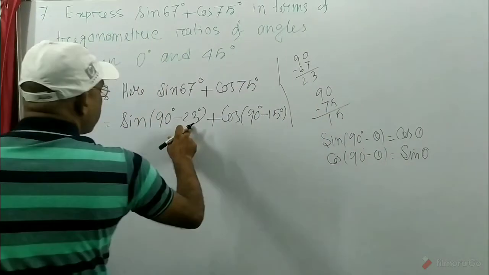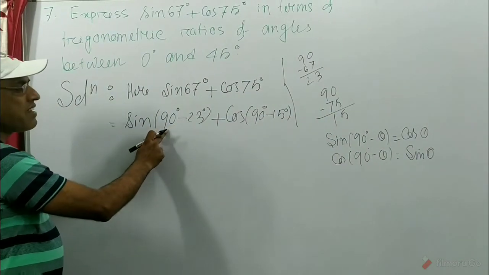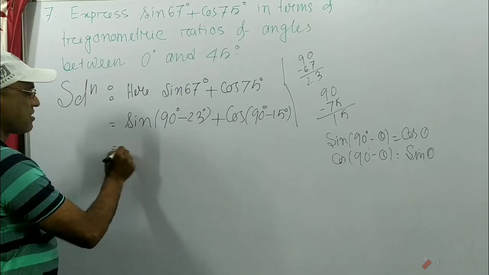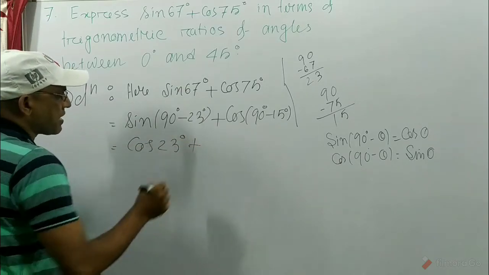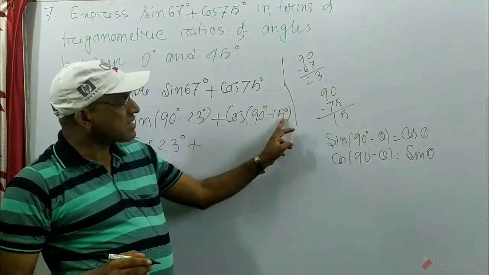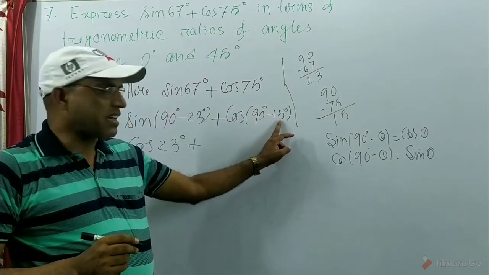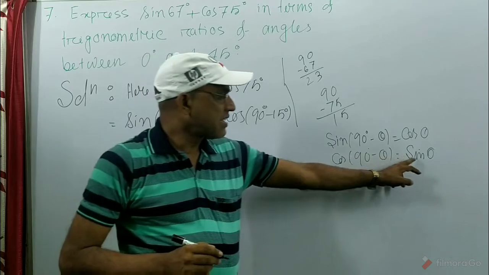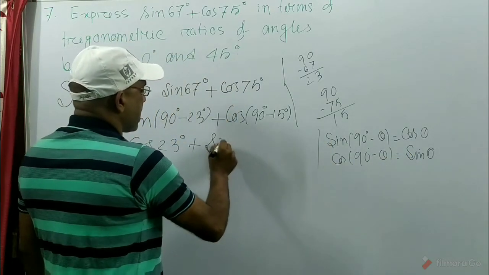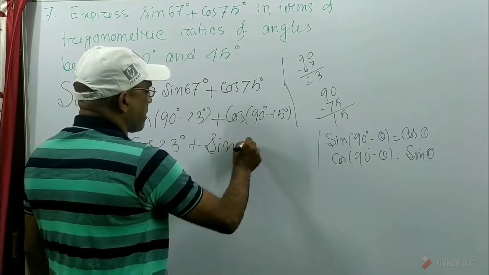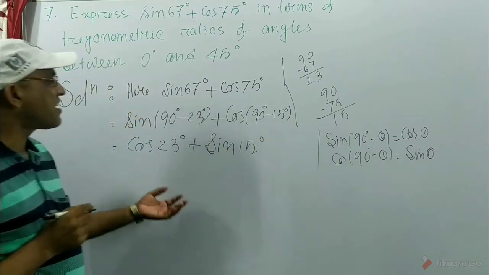So we assume this is theta. Sin(90 minus theta) will be cos theta, plus cos(90 minus theta), where 15 means theta, is sin theta. So theta means 15 degrees.